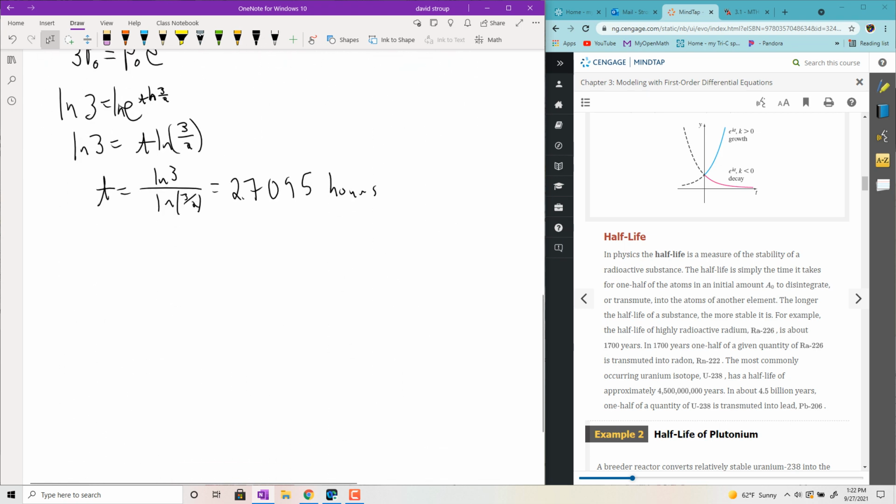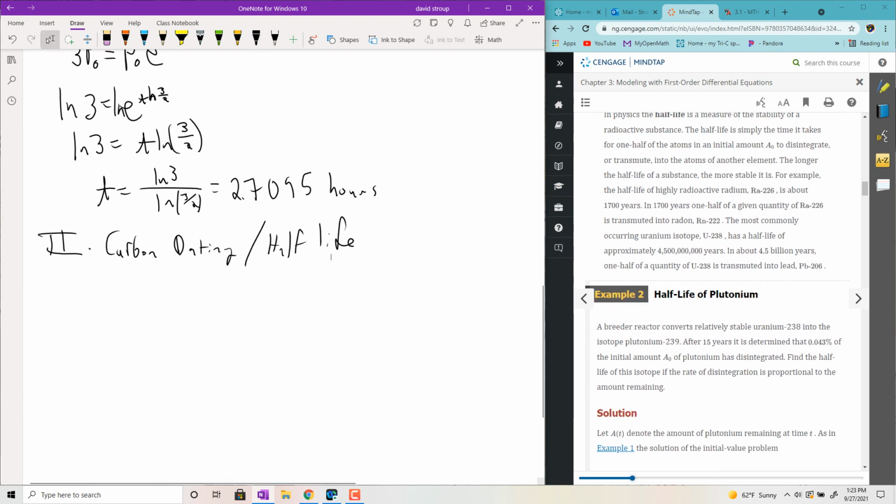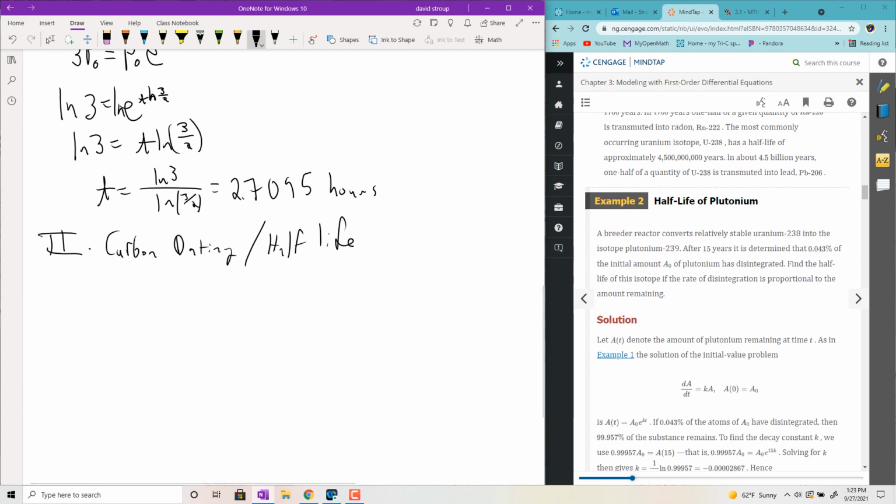Okay, so moving into half-life, and also we'll look at, I guess, carbon dating is in there. So carbon dating and half-life. Okay, so let's look at this first guy. We're talking about plutonium.